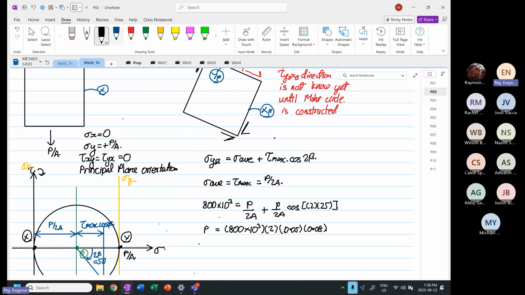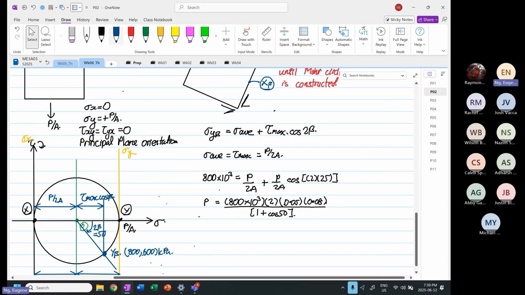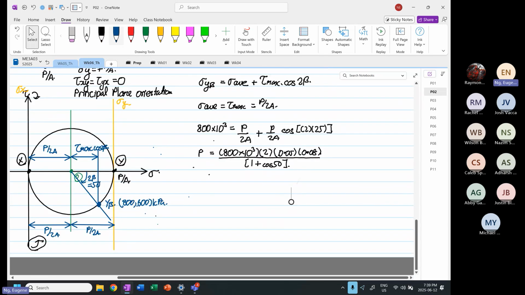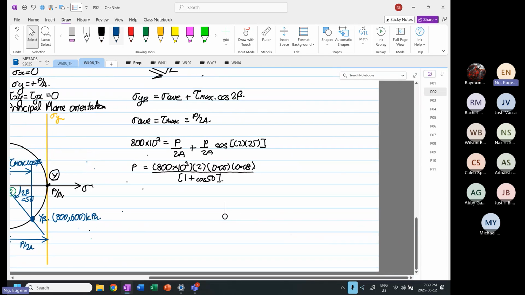Okay, so you bring across. So this is divide. Now it is 1 plus cos 50. So this will be equal to 1 plus cos 50.